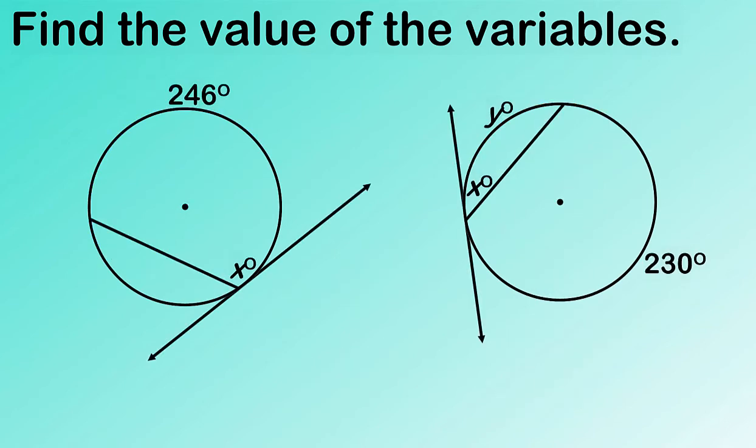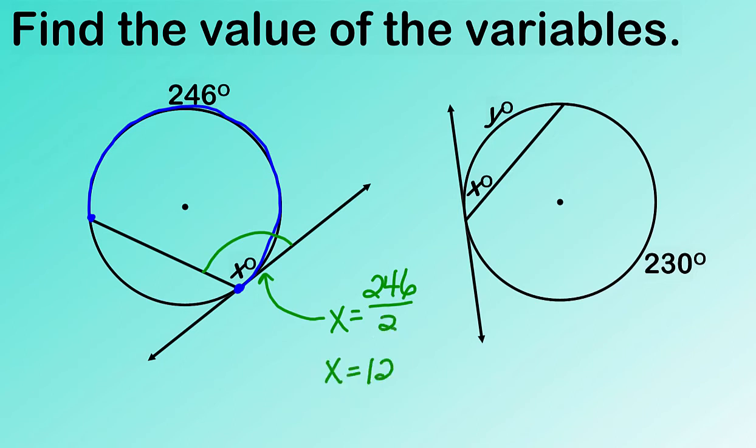I treat these just like I treat inscribed angles. So I'm going to look at the arc that I see. And I'm going to say that x is half of 246. I would find that x is 123. Again, I know that all the degrees in a circle have to have a sum of 360.